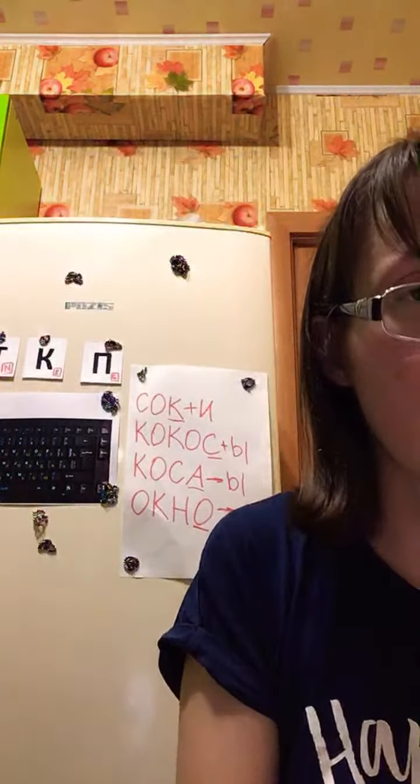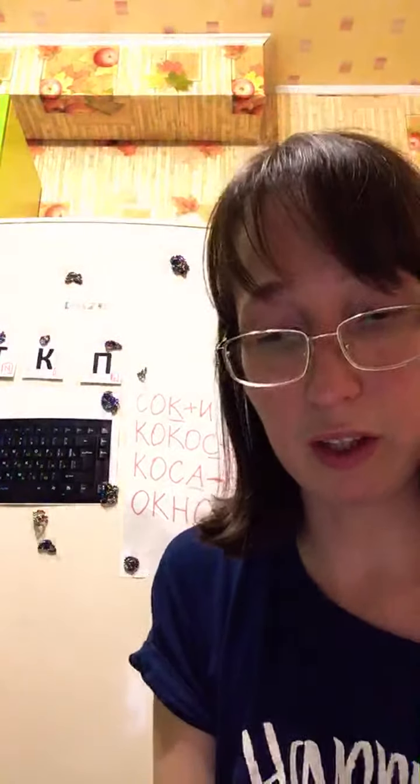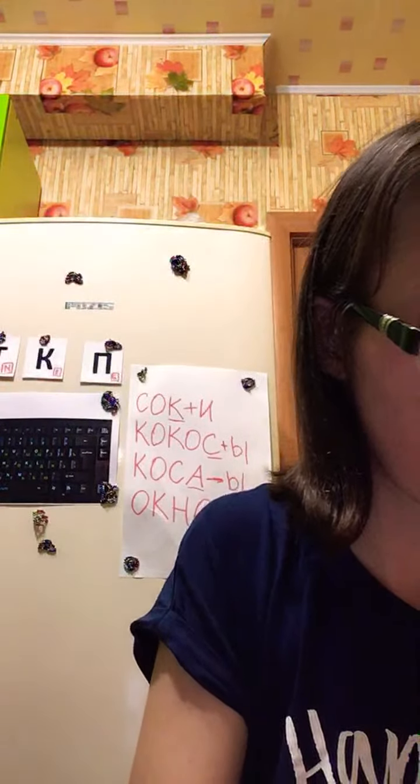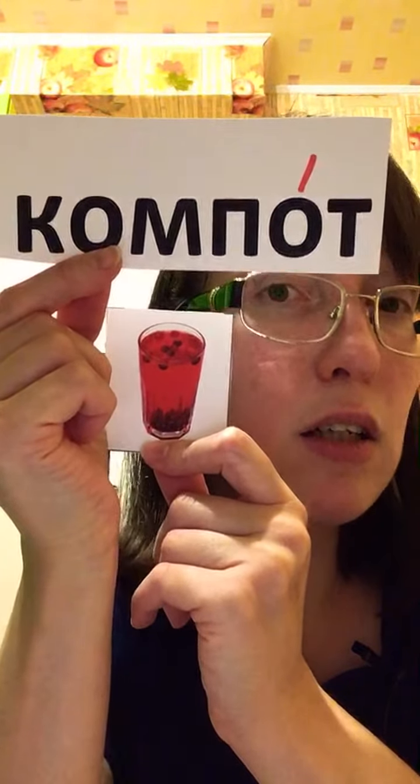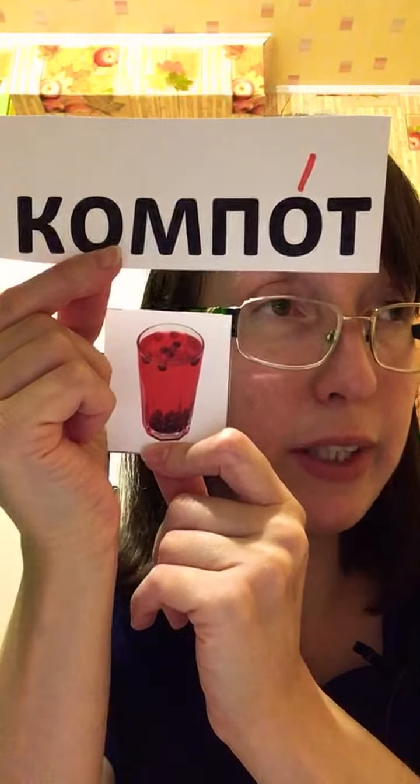Good. And the last word with the letter T. Try to read it by yourselves first. Don't forget that unstressed O represents a sound. Read it. 1, 2, 3. Компот. This thing. Компот. We take fruits or berries.